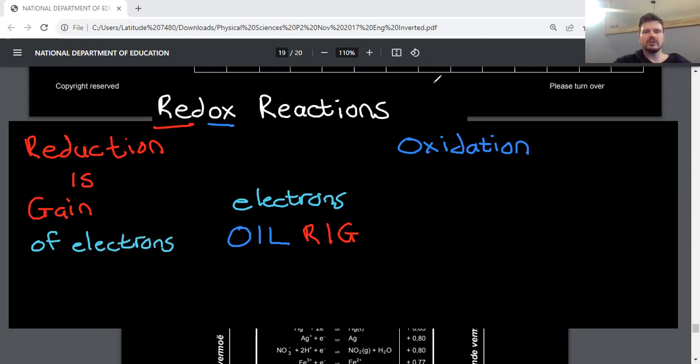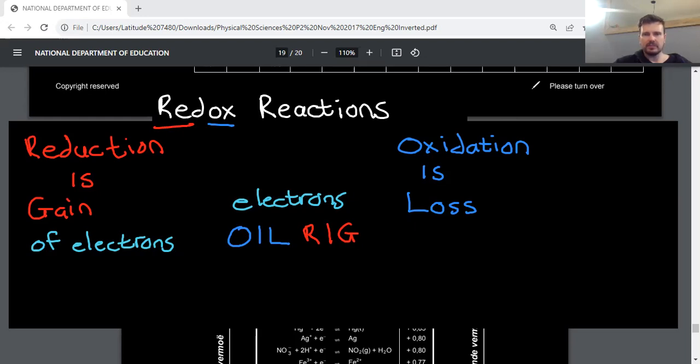And then the oil is oxidation, so oxidation is loss. So that's a redox reaction.